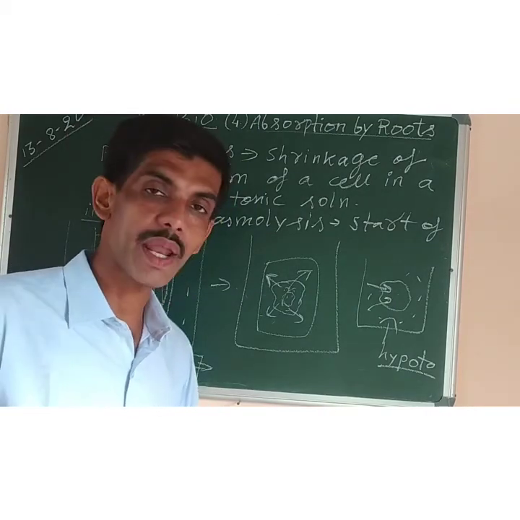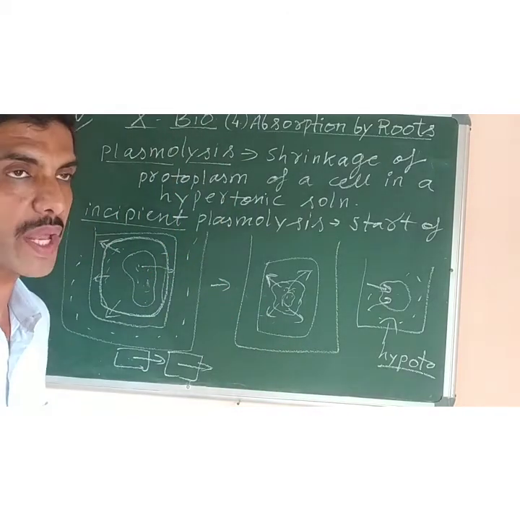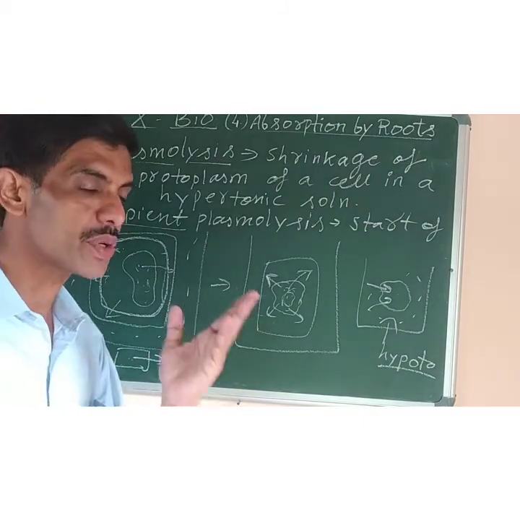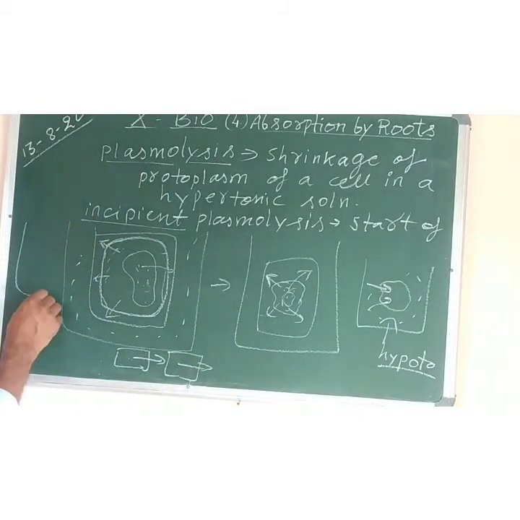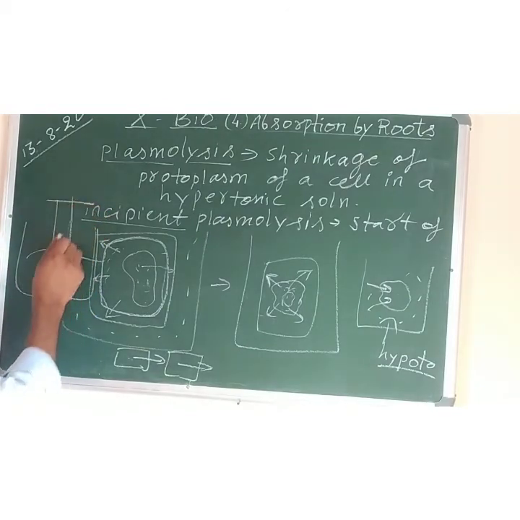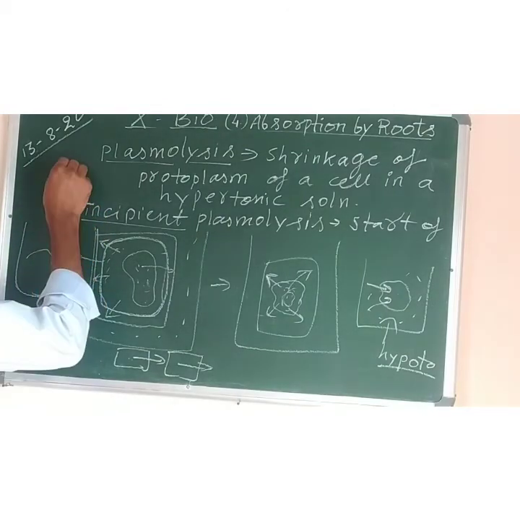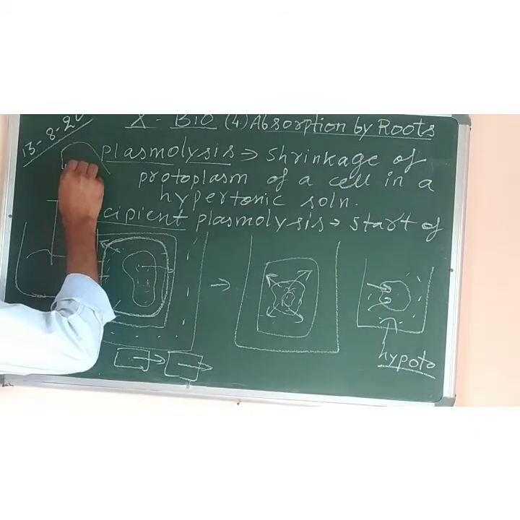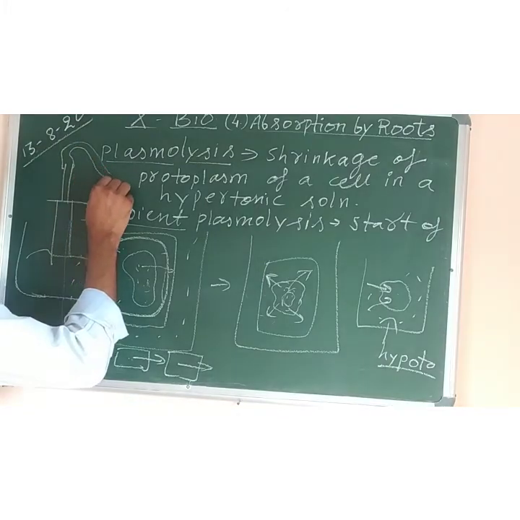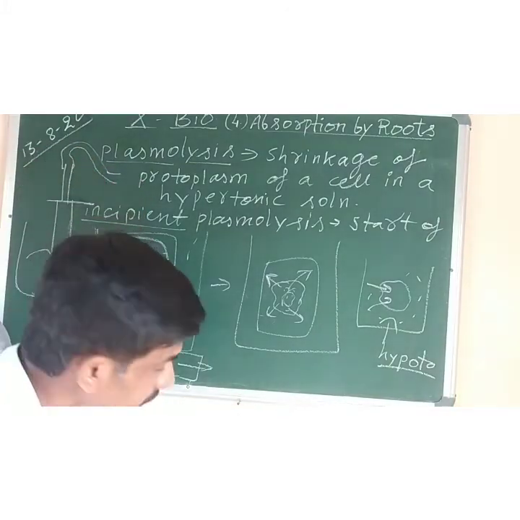This pressure can be shown with the help of an experiment in the lab. We have to take a potted plant and cut the stem, and then we fix a glass tube and connect this glass tube with a rubber tube, just like an LPG gas cylinder rubber tube.